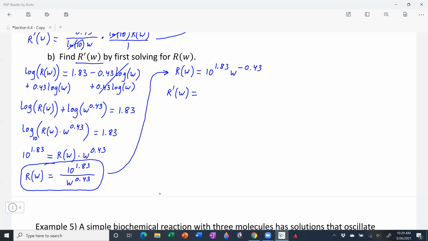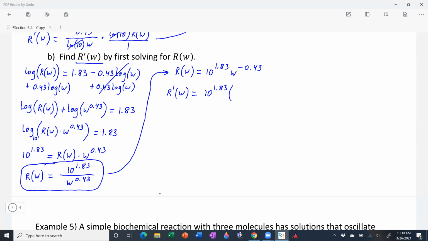Okay, so that 10 raised to the 1.83, that's just a constant times the variable. Okay, so that's just going to stay 10 to the 1.83 power. Okay, and then here's where it's slightly weird, but not too bad because this is just a power rule. The variable is w and it's raised to a power.